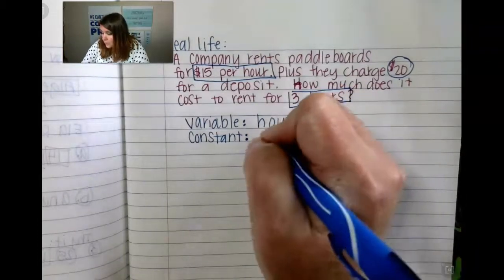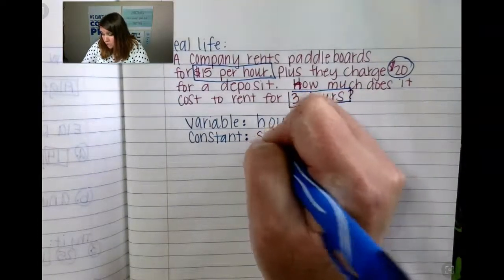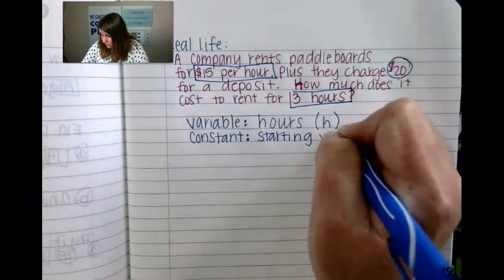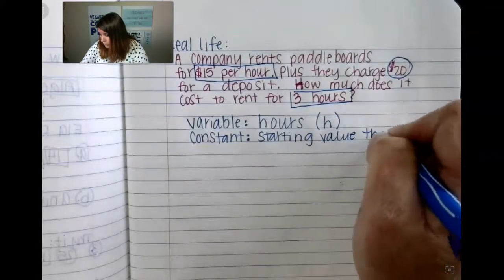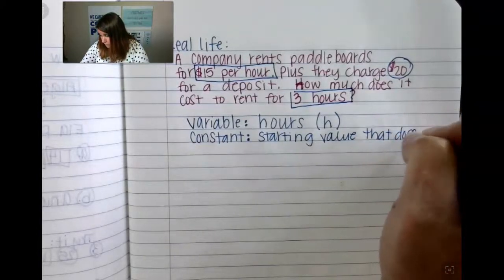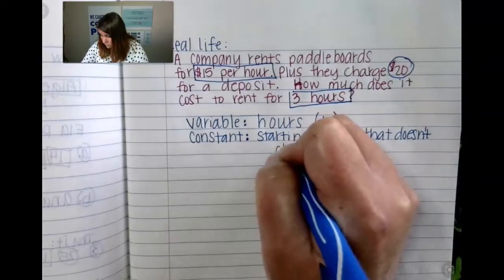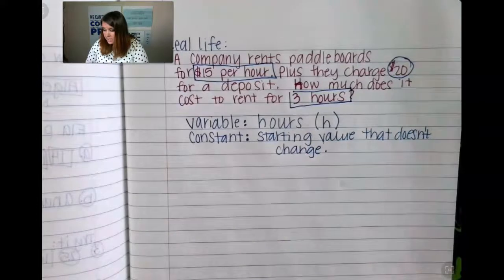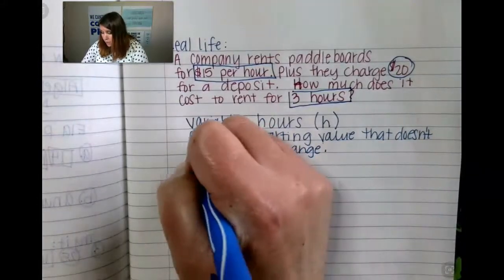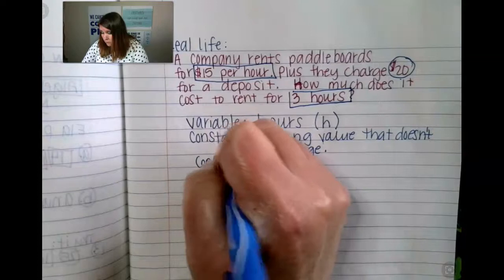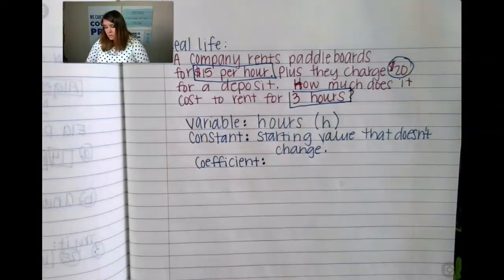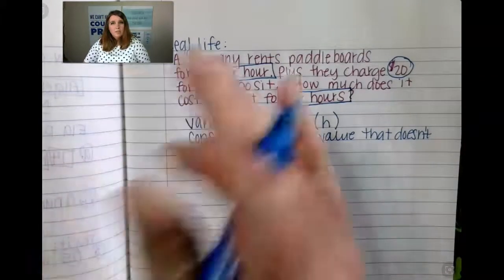So is there always a constant, a starting value? Okay, and then the last thing we want to know about, is there a coefficient, right? Is there a price that's going to change based on, or is there something that's going to change based on the variable?